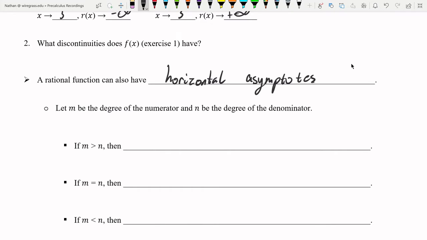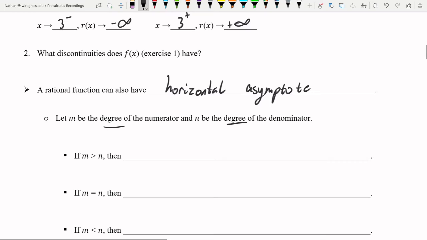And I should say specifically, it can have one horizontal asymptote, not asymptotes. And that all depends upon the degree of the numerator and the denominator. So look at the numerator and denominator for our function.